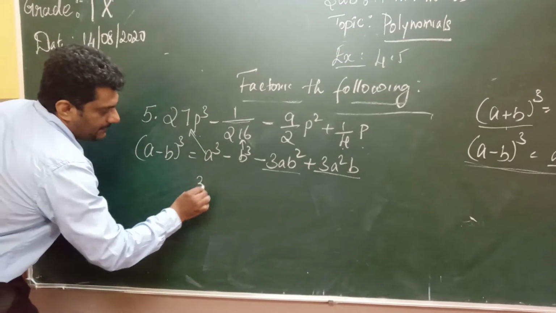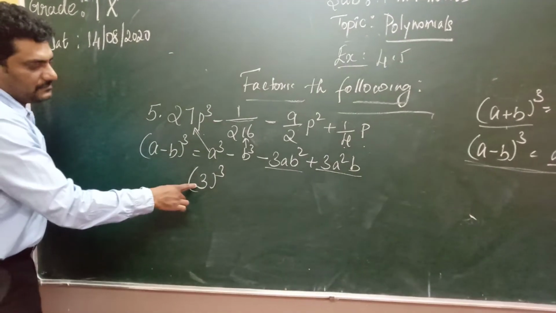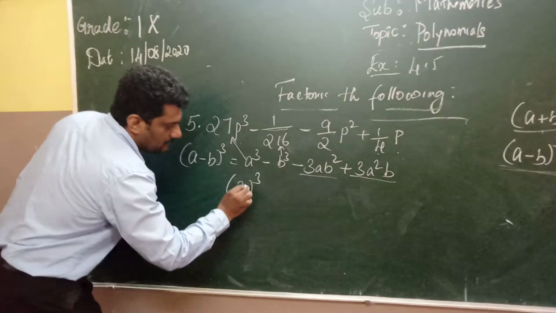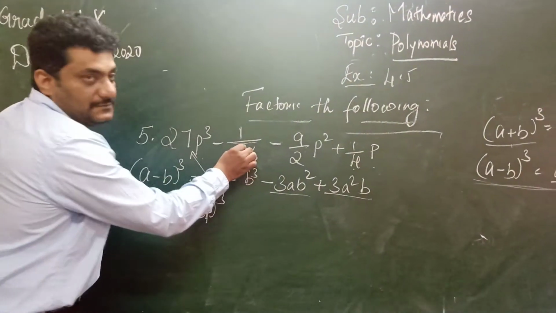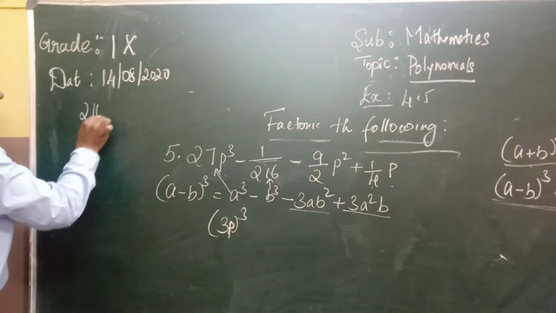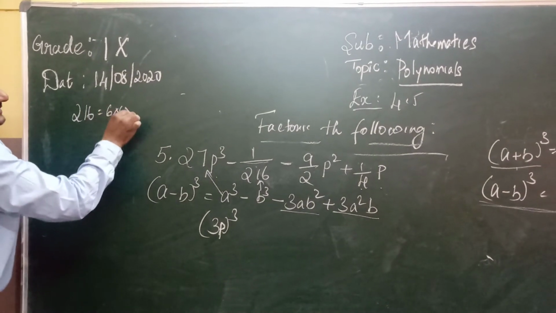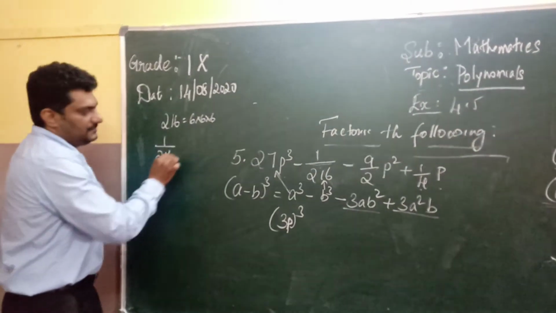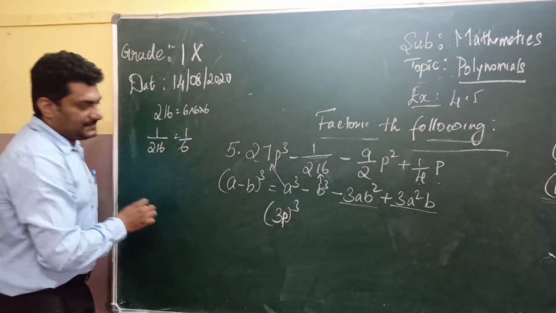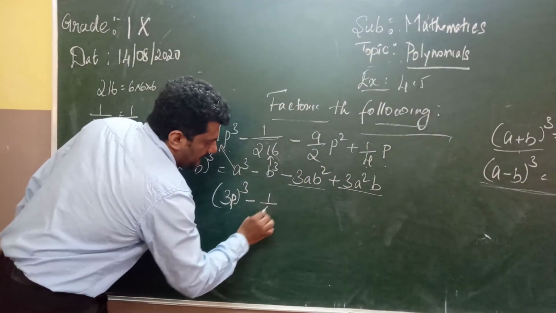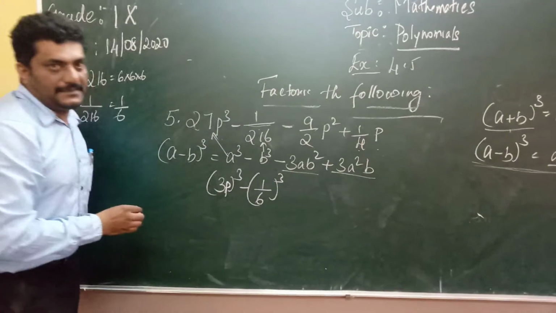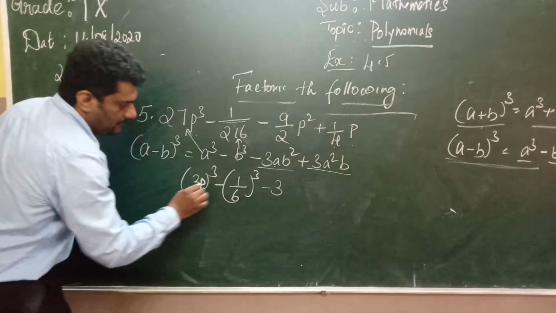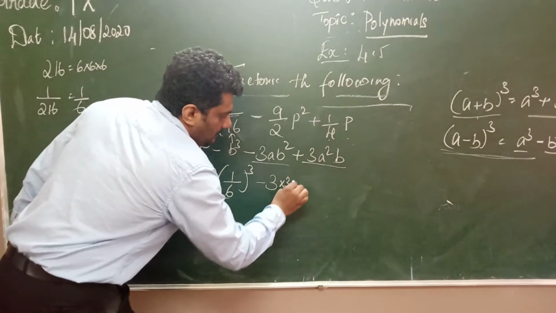Now here, can I write like this? 3 to the power of 3 is how much? 27. And I have p here, so include p. This one, 216 is nothing but 6 into 6 into 6. But I have here 1 by 216, which is 1 by 6. So I can write this as 1 by 6 to the power of 3 minus 3. What is the value of a? 3p into 3p.